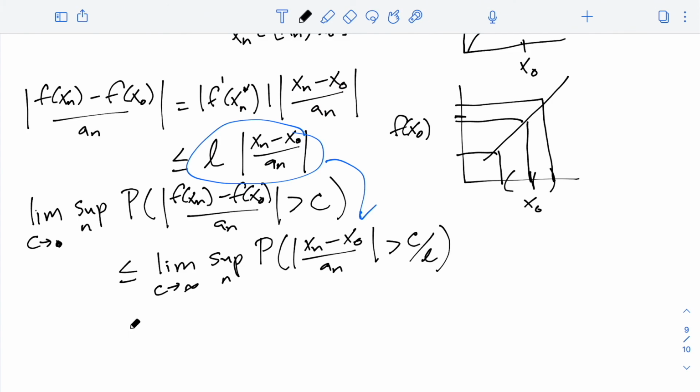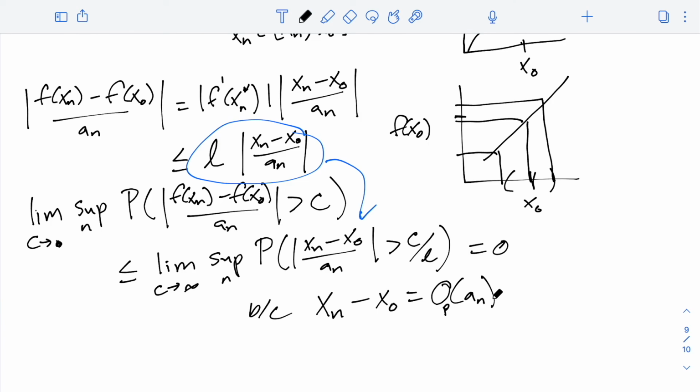So here we know that this is going to be 0. Why? Because xn minus x0 is big O P of an. Great, we're done. So we've now proven our result.